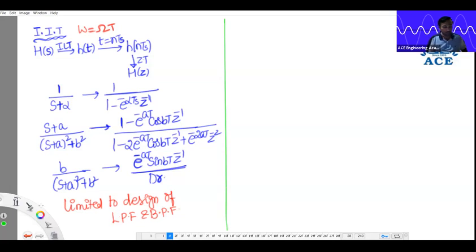What we learned under bilinear transformation: what is the bilinear transformation concept? It is a one-to-one mapping. Wherever s is there, what is the replacement? 2 by T into (1 minus z inverse) by (1 plus z inverse).